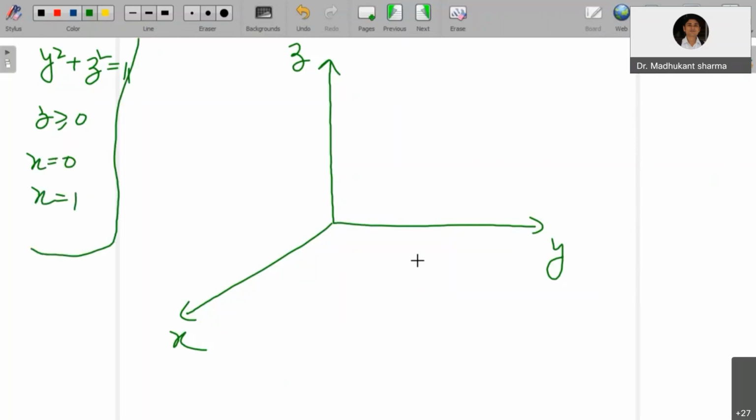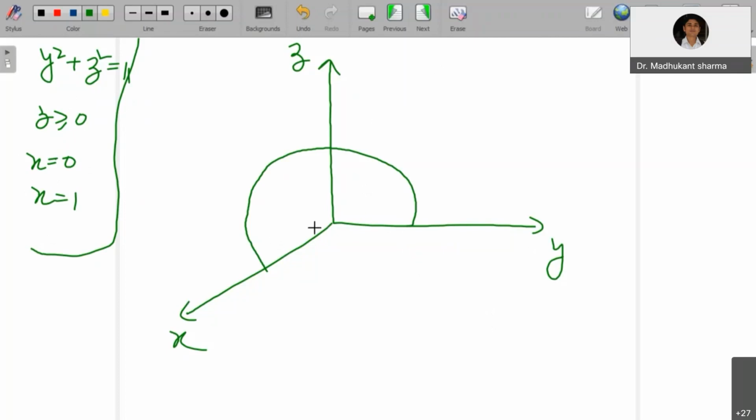Cylinder. So y square plus z square equals to 1. When you look into the yz plane, and when z is greater than or equal to 0, it will define a semicircle. Okay, z greater than or equal to 0.